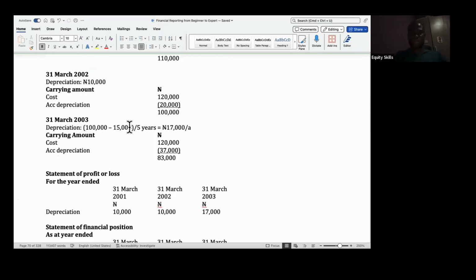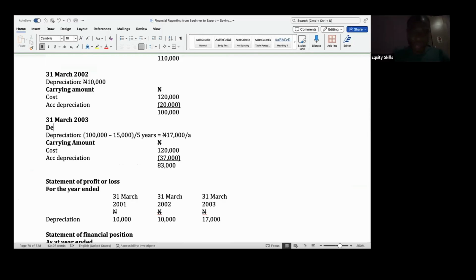In fact, if I want to express it very well for you here, the depreciation per annum going forward will be the carrying amount minus the revised residual value, all upon the revised useful life.